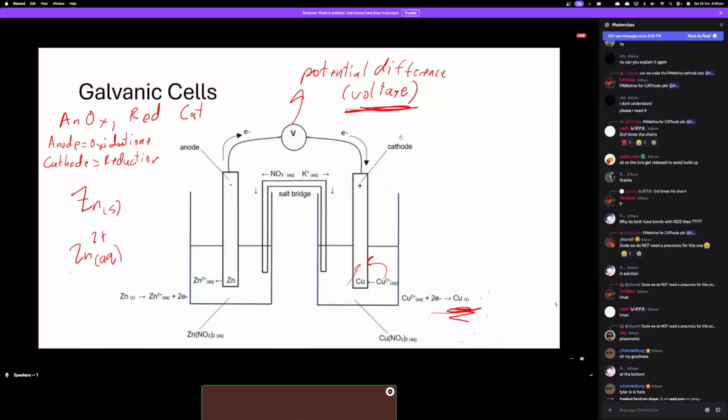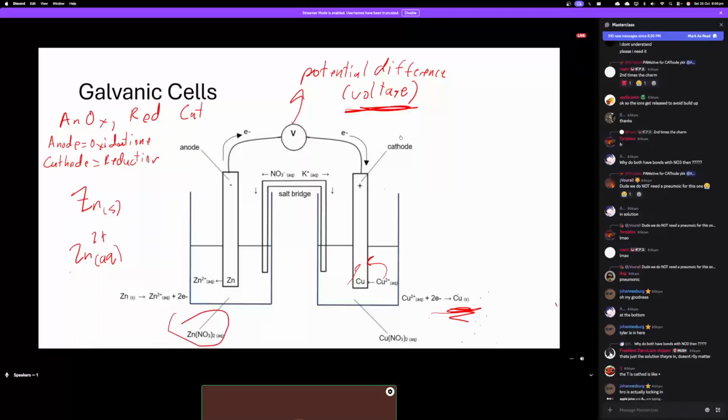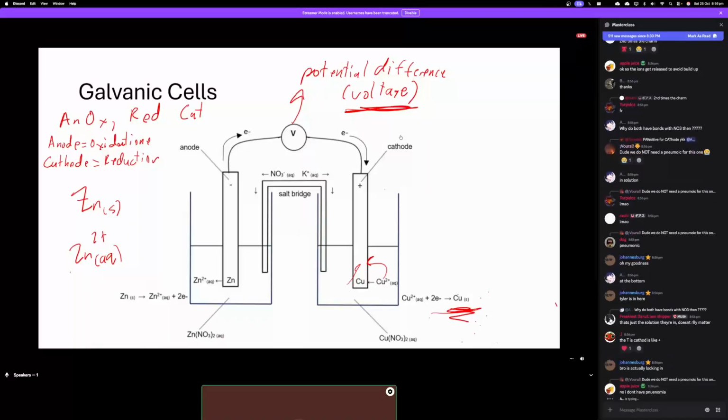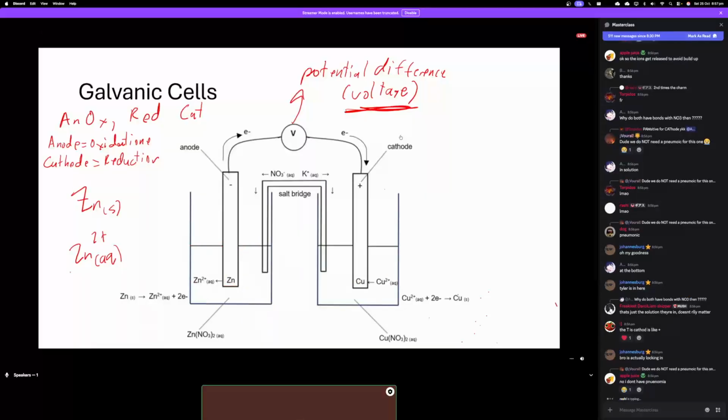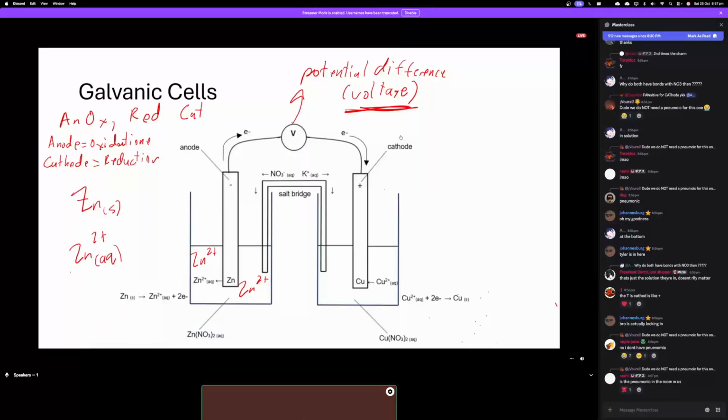The last thing at the bottom. I guess I probably should have started with this. It's pretty unimportant, but in here, I said that there were already Zn2+ ions that existed in the solution. The reason is that this is a zinc nitrate solution, so there's zinc 2+, and there's actually also nitrate ions.